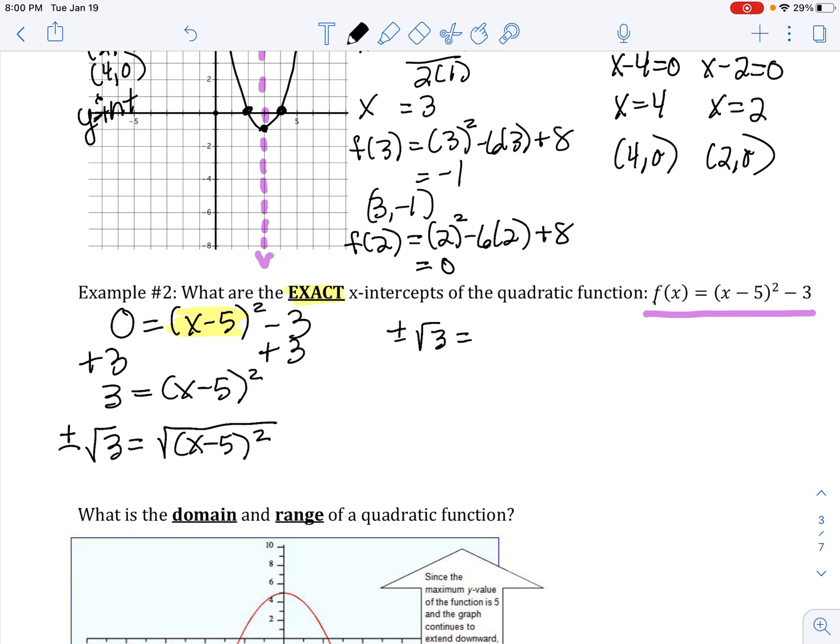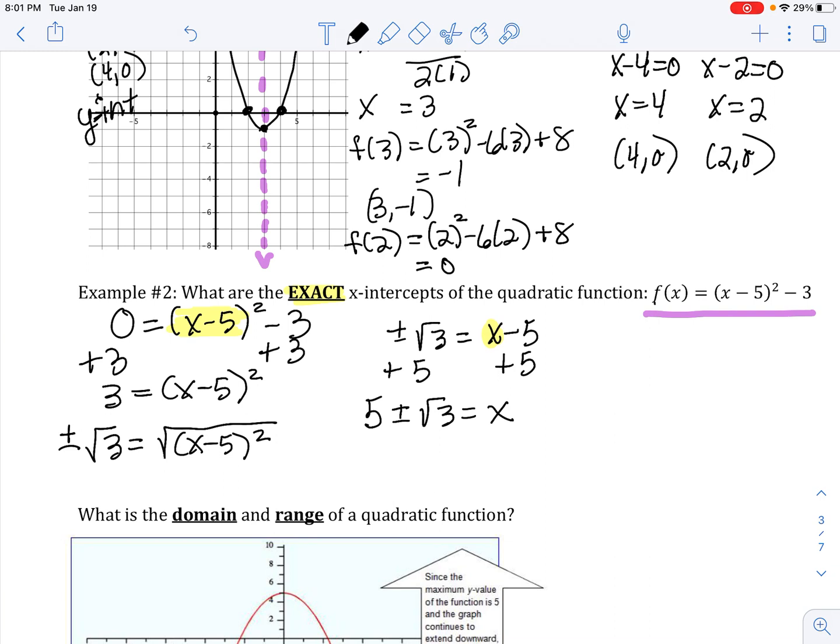The square root is the inverse operation of squaring, so we're left with x minus 5, and I can now drop the parentheses. To solve for x, we're going to isolate x and add 5 to both sides. How do I write that? Because 5 cannot be combined with plus or minus root 3, we write it as 5 plus or minus root 3 equals x.